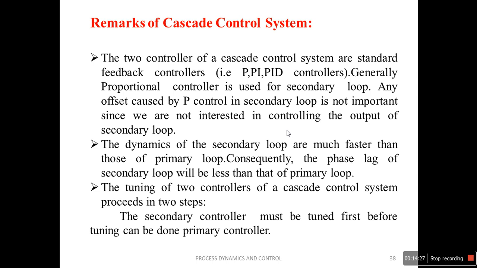For example, if the phase lag or delay of the secondary loop is higher than the primary loop, in case of the CSTR, even though you are giving the signal to provide the required changes in the coolant flow rate, if the phase lag or delay of the system is very high, it will take more time to compensate or to bring the controlled variable to our desired set point value.